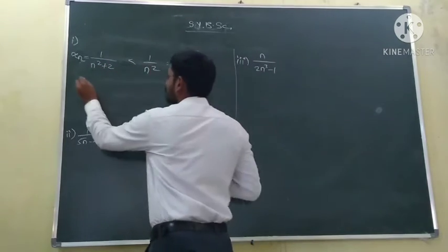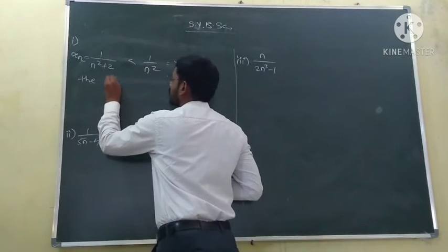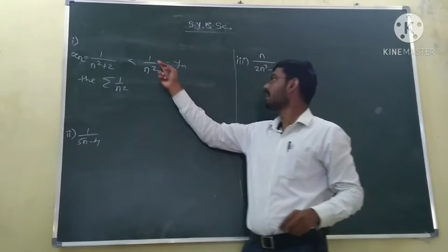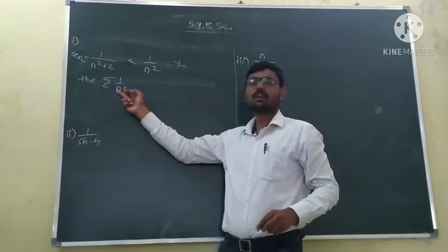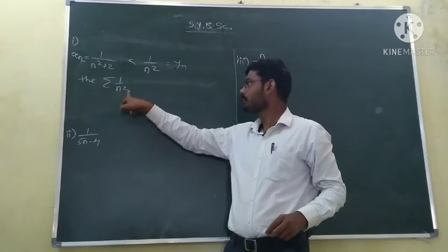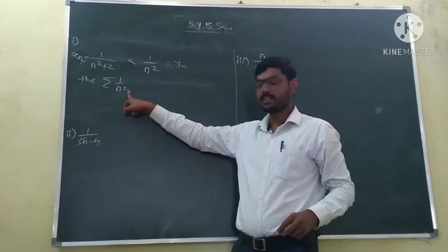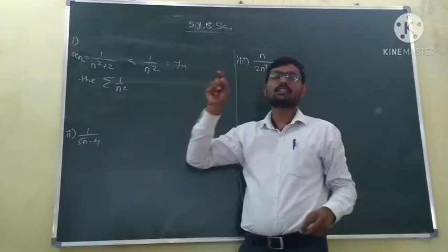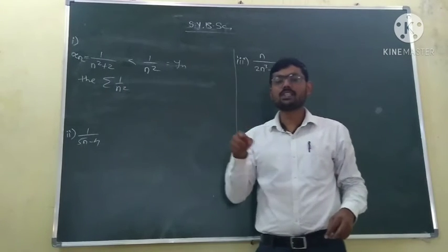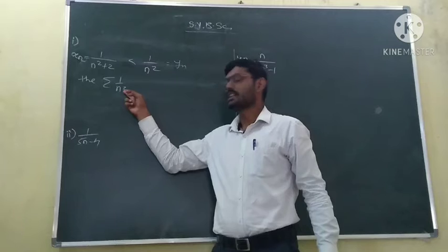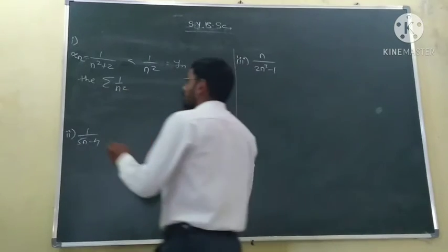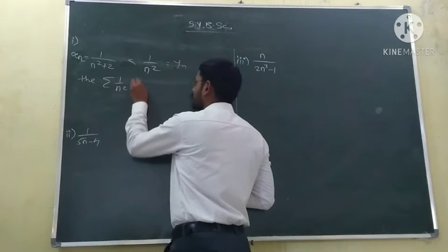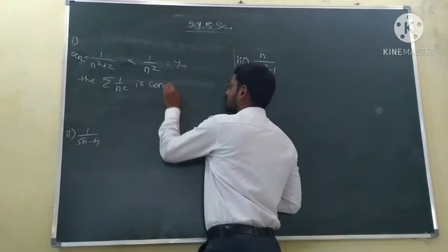But the series 1 upon n squared, that is yn, is always convergent. Why? Because it is a P series and the value of P is 2, which is greater than 1. We know that the series 1 upon n raised to the power P, the P series, is convergent when P is greater than 1. So the series 1 upon n squared is convergent.